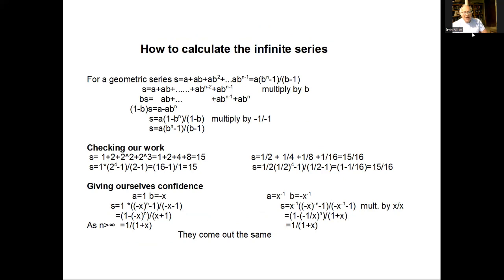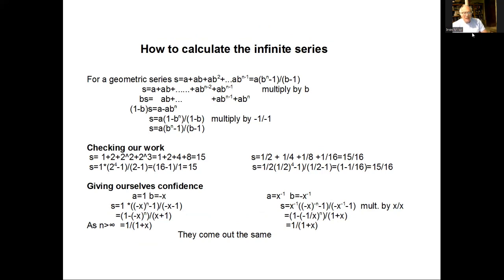Let us take and calculate the sum of an infinite geometric series. This can be written as a plus a times b, a multiplicative term, which we keep multiplying each term in the series after that. And if we sum that up, we would find that it's equal to the first term a times the series multiplier b to the nth power, the number of terms in the series, minus 1 divided by b minus 1.